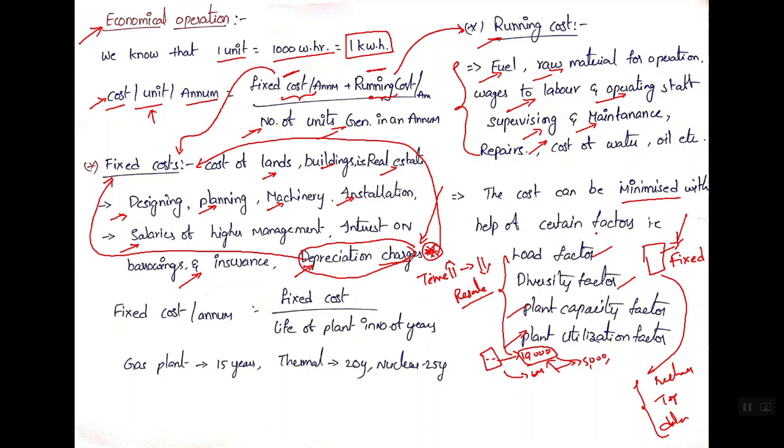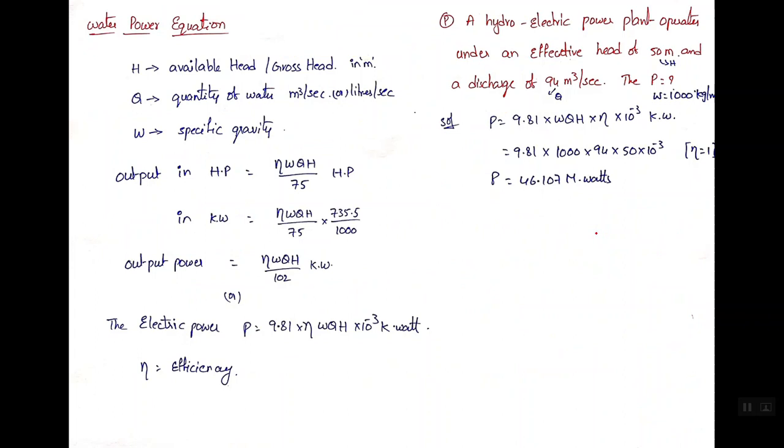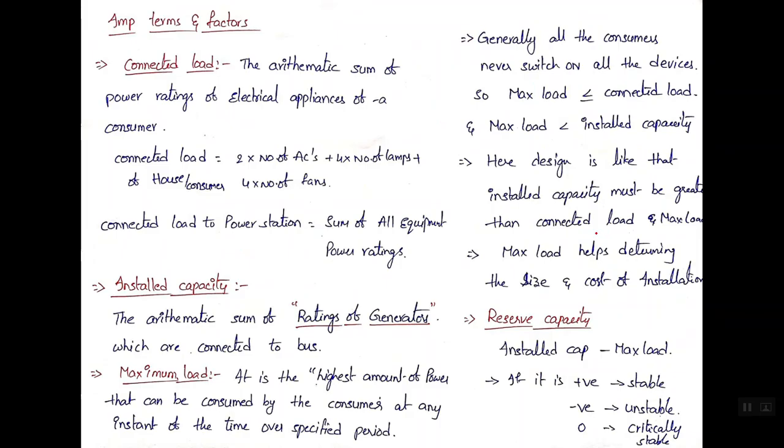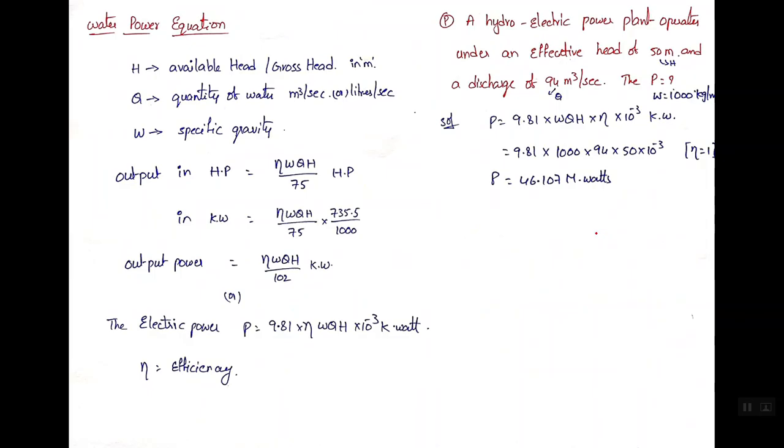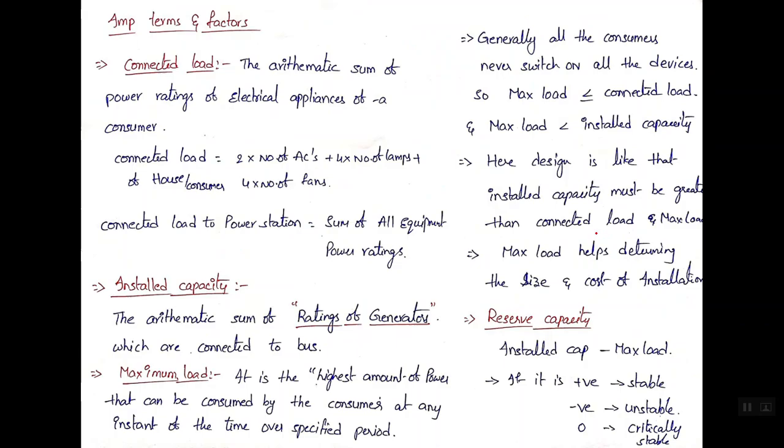We are going to learn how they affect the cost of the system. First of all, before going to those factors, we are going to learn some important terms. What is connected load, what is installed capacity, what is maximum load, and what is reserve capacity.